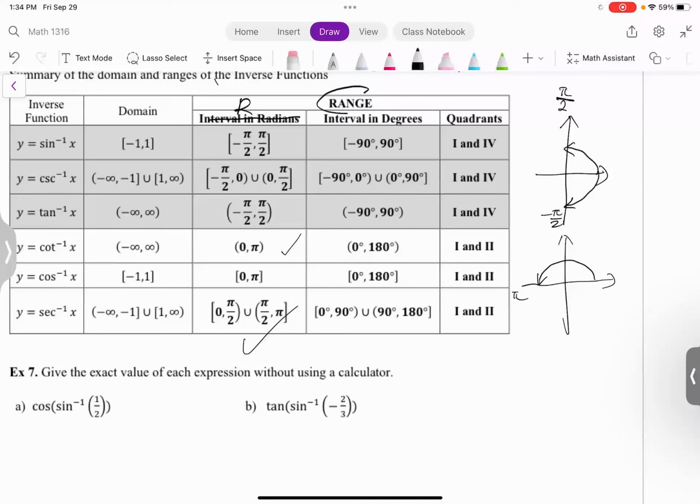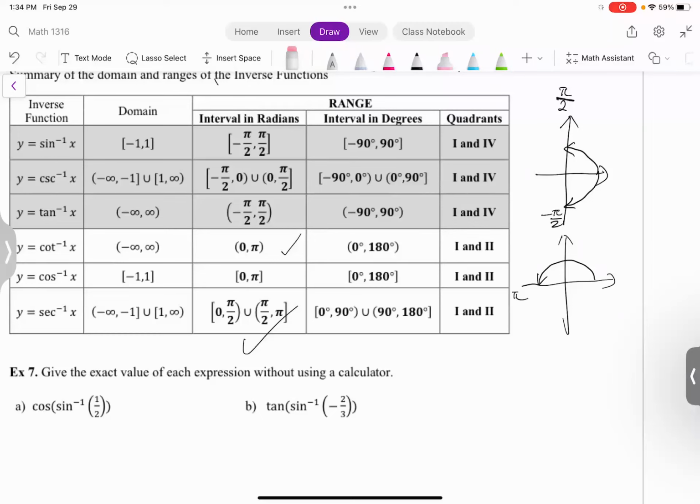The range is given here, between 0 and half pi, union half pi to pi. So it will never equal pi over 2. Why is it not equal to pi over 2? Because that's the vertical asymptote for the secant.